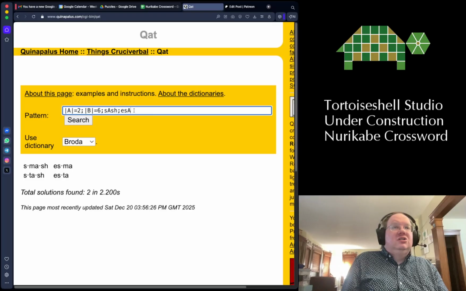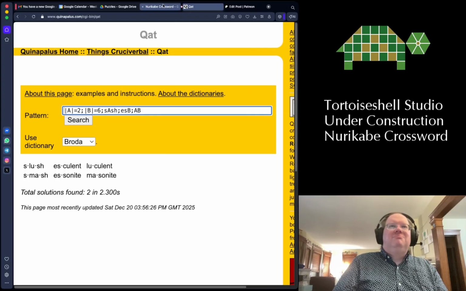Oh, wait. ESB AB. Right. Esculent and Lucul. No.